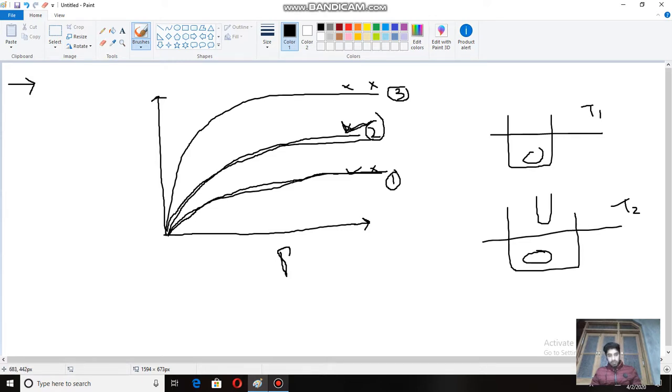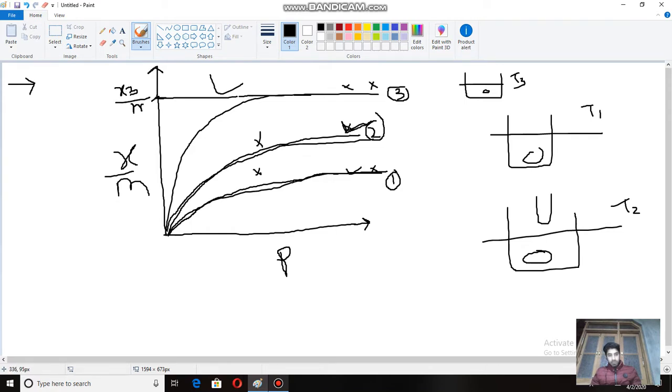Obviously this is a graph between P and x by m. Similarly, forget this and this, take this as the system where temperature was T3. Now this is the equilibrium concentration x3 for system 3, which was at temperature T3.